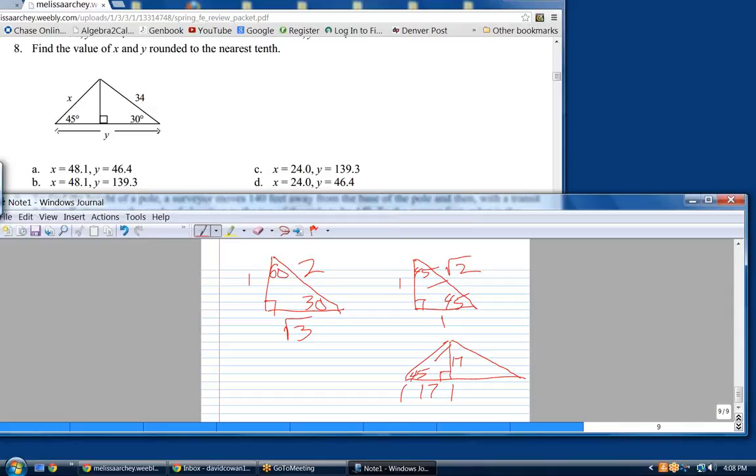Well, I know that the 1 dimension is 17 on my new triangle, so the scale factor is 17 to 1. So this side here has to be 17 times root 2. In other words, I'm going to take that scale factor and multiply it by the hypotenuse of my unit.